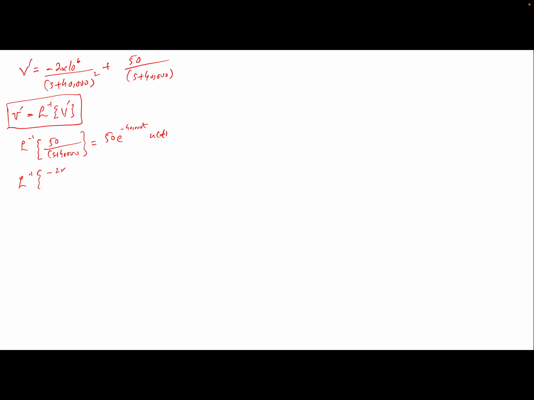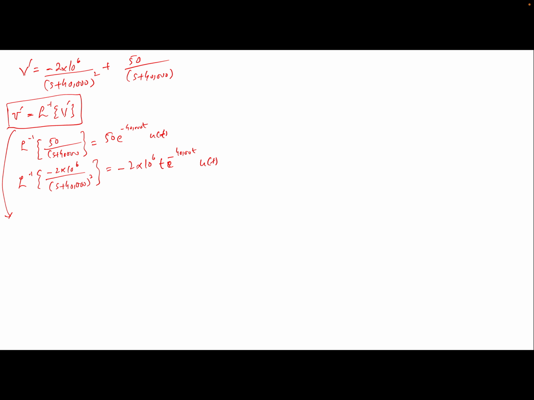And then minus 2 times 10 to the 6 over s plus 40,000 square. When we get a square in the time domain, it gets multiplied by a t, right? So you're going to get 2 times 10 to the 6 t e raised to power minus 40,000 t and the step function.